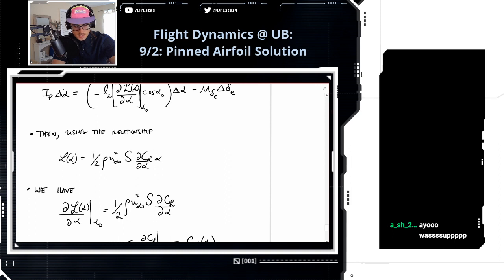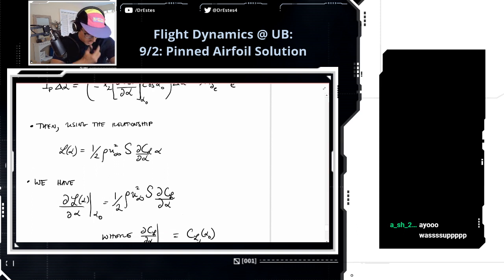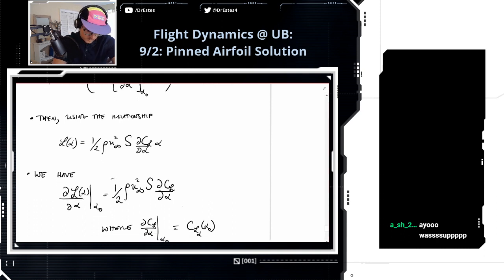And we're just assuming this is a constant for now. That's multiplying alpha. And we evaluate the whole thing at alpha naught.